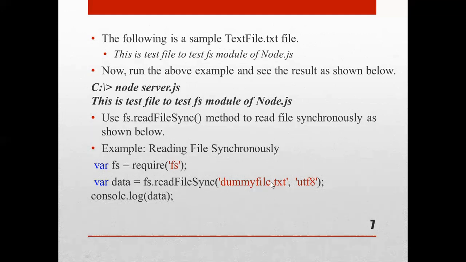Inside that, pass the file name, and here see the parameter. We are going to pass the encoding technique, which is utf-8 by default. So it will read this file synchronously and take this data into the variable data. We are going to print that variable data, so it will display the data in that file. This is the way we can read the file synchronously.